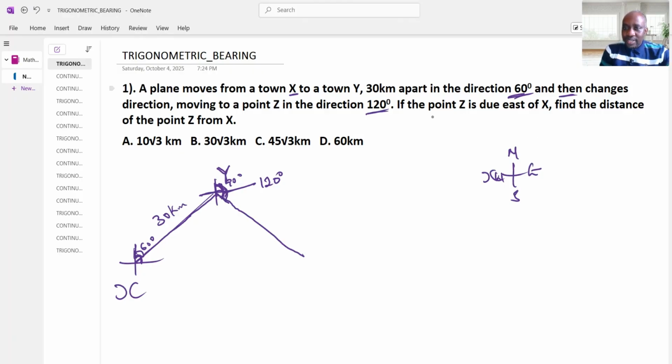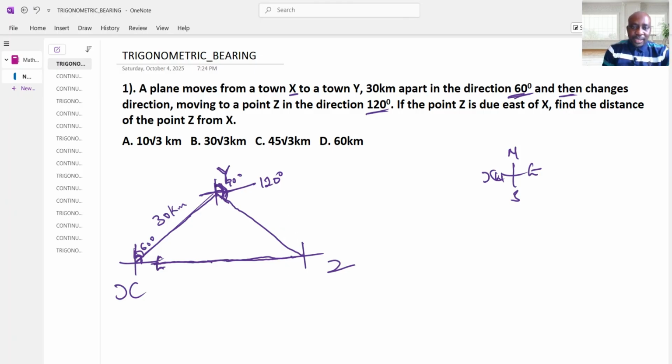And the question says the point Z is due east of X. It means that Z lies on the east line of X, so the path moves and joins together there.